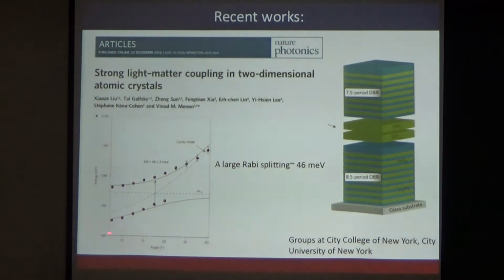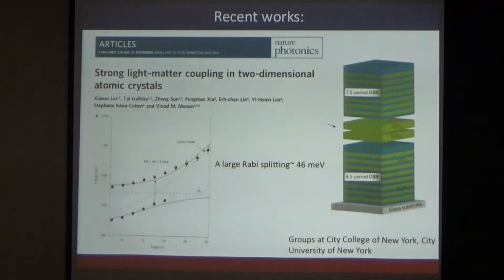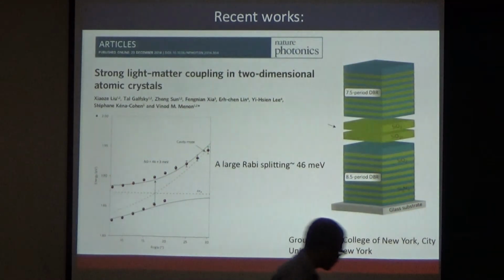They shine light from the top of the mirror, change the angle of incidence, and measure the reflectance. Suppose this is the reflected light, so they use a detector here and measure the spectrum, and then they produce this curve. They vary the angle and measure the resonance energy, and they demonstrate a Rabi splitting energy of 46.3 electron volts.